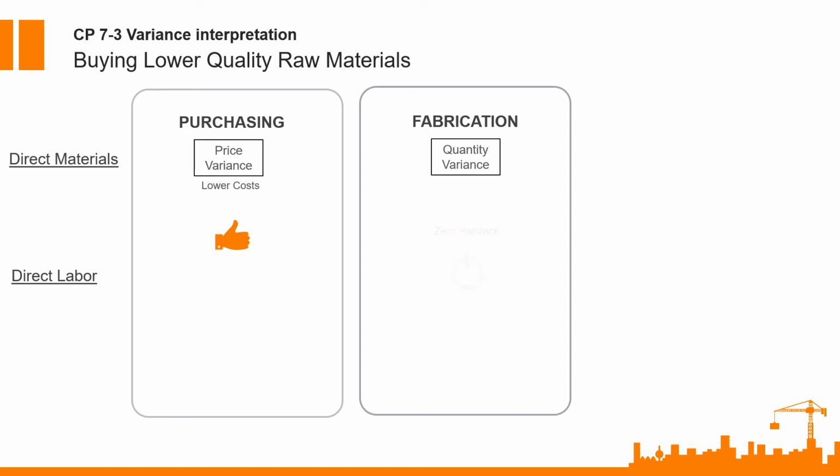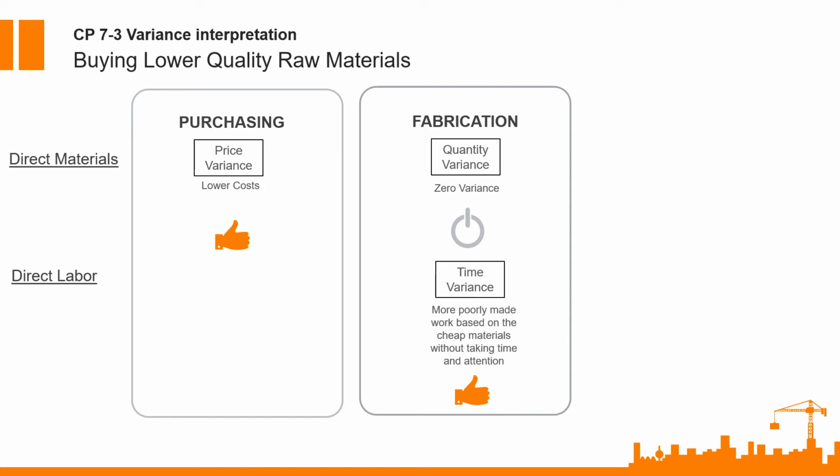We noticed, however, that the time variance is favorable for fabrication. That can only mean that fabrication had been accepting the cheap materials as is and has been making poorly made materials for assembly without taking time and attention.